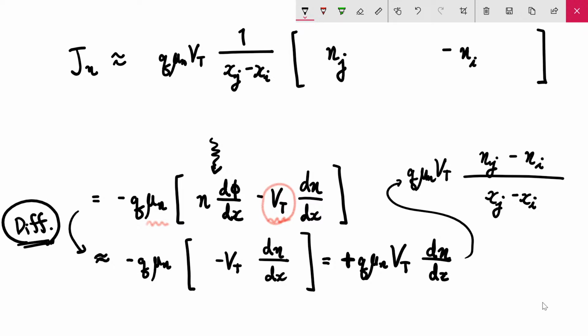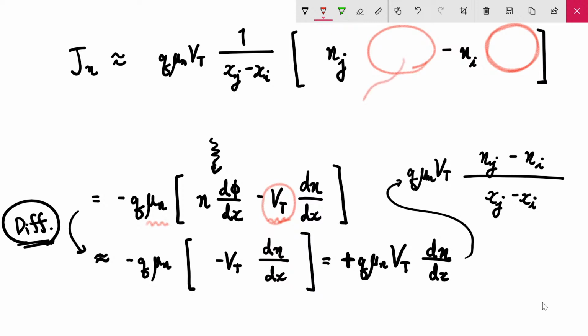So that will be the discretized form of your current density. Of course this is good for the case where the drift term is negligible. However, we have to generalize it. So how can we generalize this form? My trick to remember this one is, now we have coefficient 1 here and coefficient 1 here, and that can be generalized.